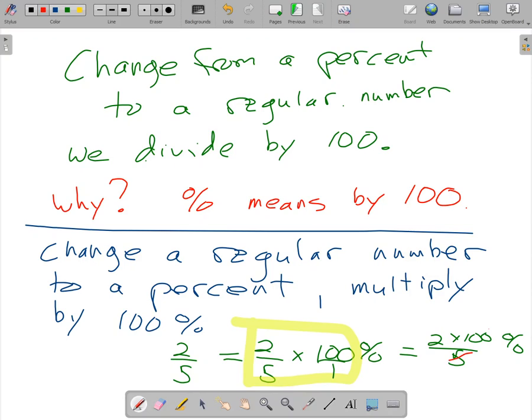But 5 goes into 100 how many times? 20. 20 times 2 is 40. So this must be 40%. So what we do is we multiply by 100%, we hold the percent symbol, and we clean up that arithmetic. Whether we do that by hand or calculator, it doesn't matter. We just do it some way.